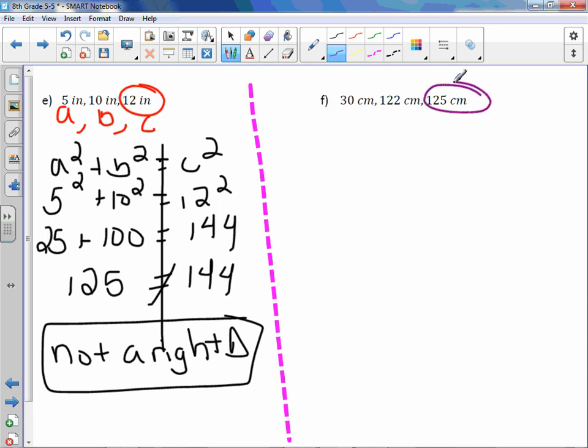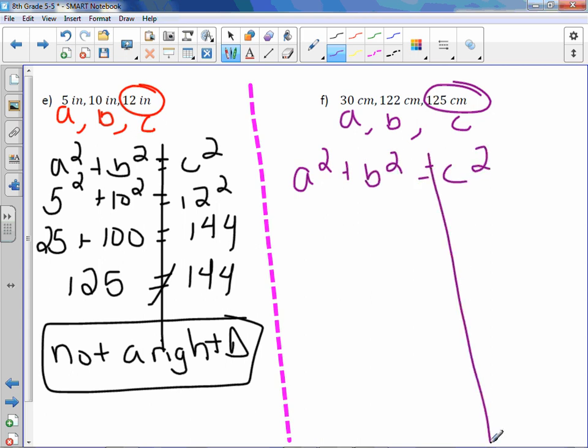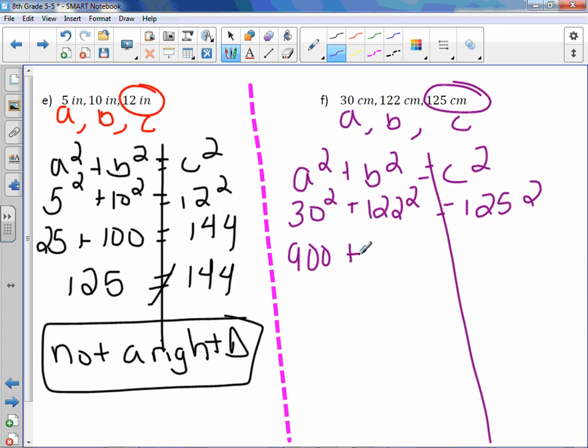Letter F, the longest side is 125. That's the hypotenuse. The two legs are 30 and 122. A squared plus B squared equals C squared. 30 squared plus 122 squared equals 125 squared. 30 squared is 900, plus 122 squared is 14,884.